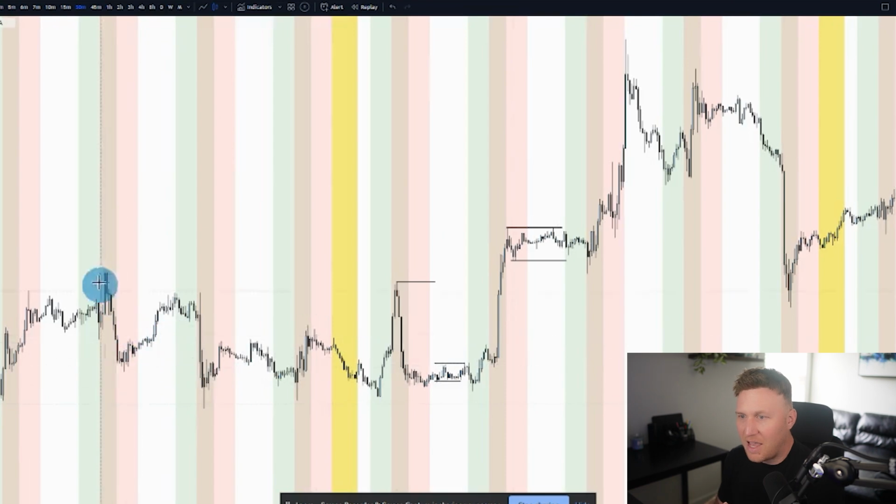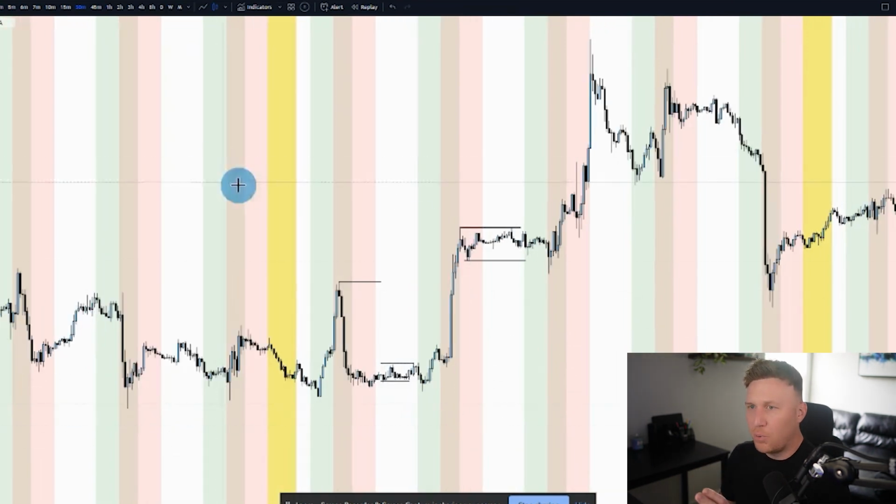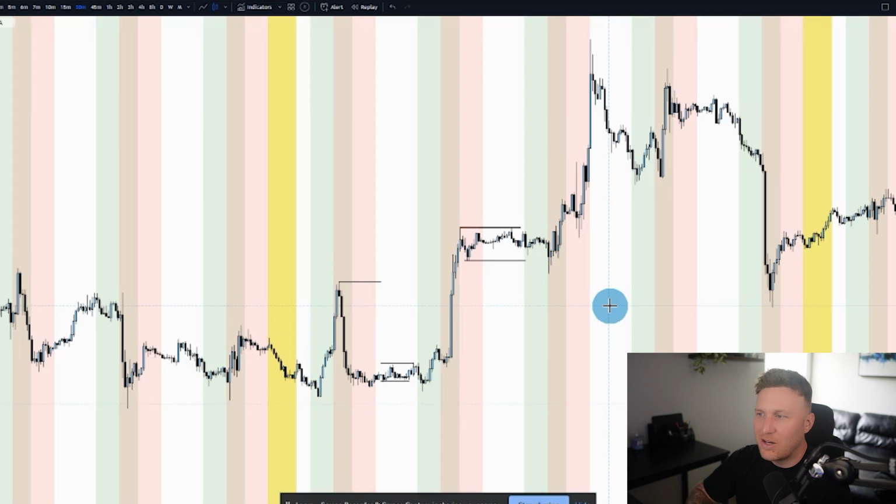So again, you can see every single move. Go pull up some of the pairs on your own and put this indicator on and go look at every single big move. And I can almost assure you that 95% or higher took place in New York London overlap, or that's when they started and continued into New York.